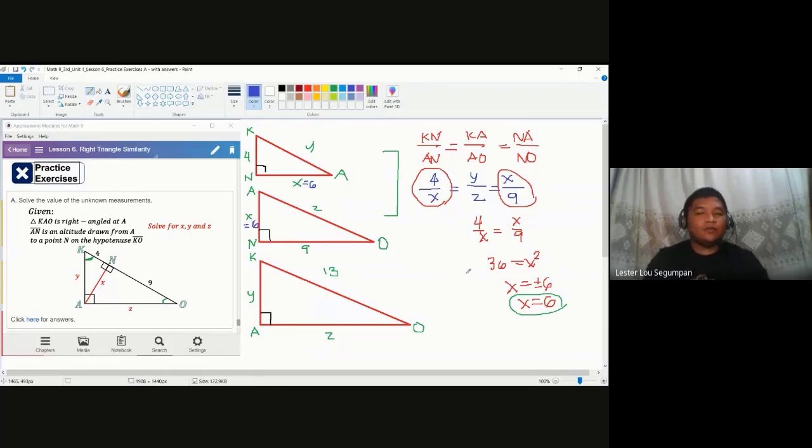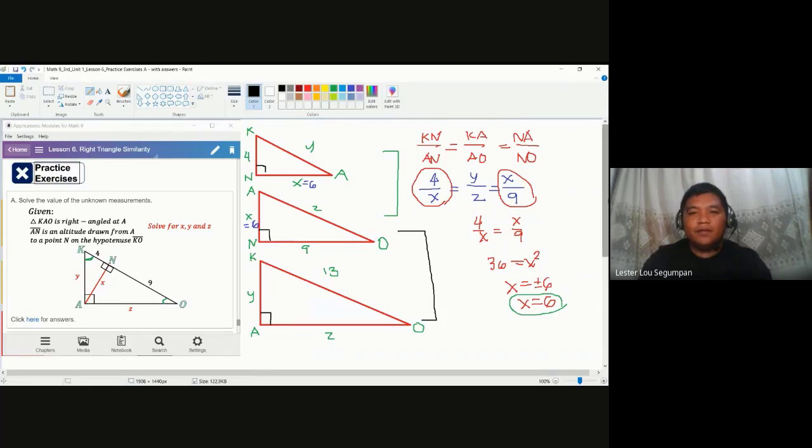At least we have solved already for the value for X. Again, we cannot use this relationship anymore because Y and Z are both variables. So what we can do next is to look for other relationships, specifically the medium and the bigger.